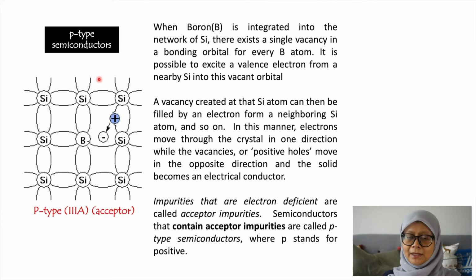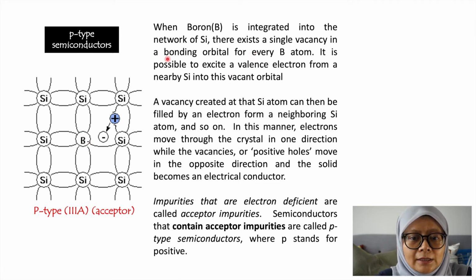And for the P-type semiconductors, P stands for positive. It means this semiconductor is electron deficient. Here we have silicon doped with boron, which is a trivalent impurity.